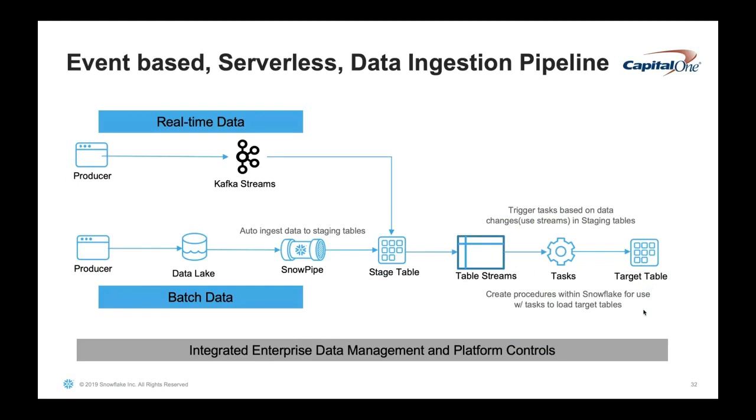Similarly, they land data into the data lake, and then use Snowpipe to push that data into the staging tables, and streams on top to capture all the changes that have happened. They work like a trigger, and you have the tasks which are running on a schedule and pushing that data to target tables. So that's a typical data pipeline that we have seen customers build with these 4 new capabilities.